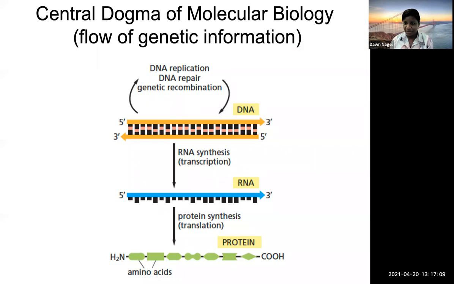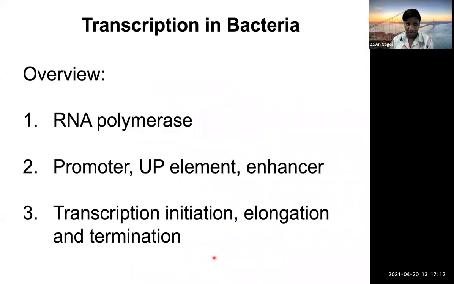The important part of transcription in any system, right, is the enzyme that promotes transcription. And that enzyme is RNA polymerase, similar to DNA polymerase, but for transcription rather than replication or DNA synthesis. You need other elements that are important for transcription.